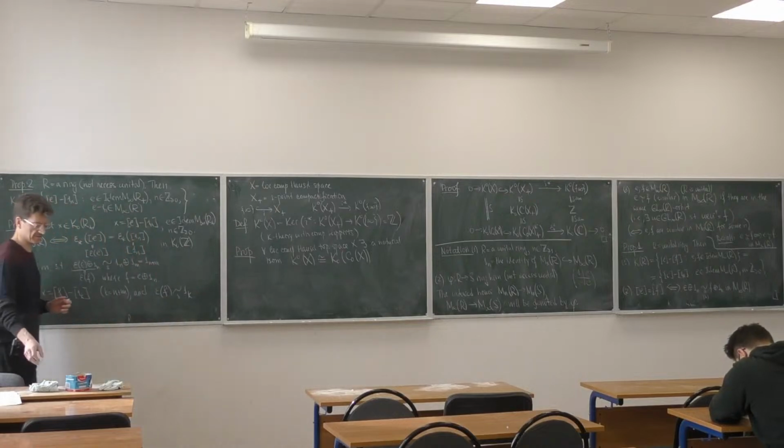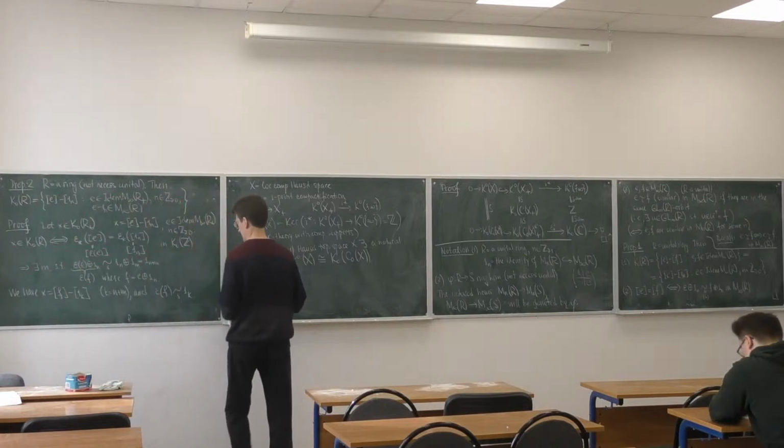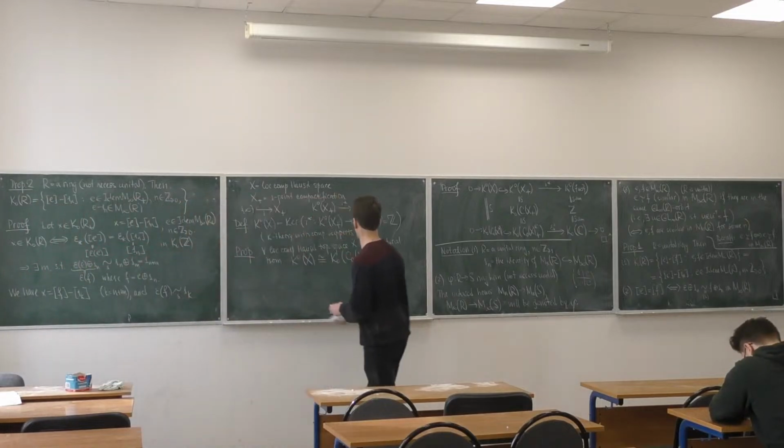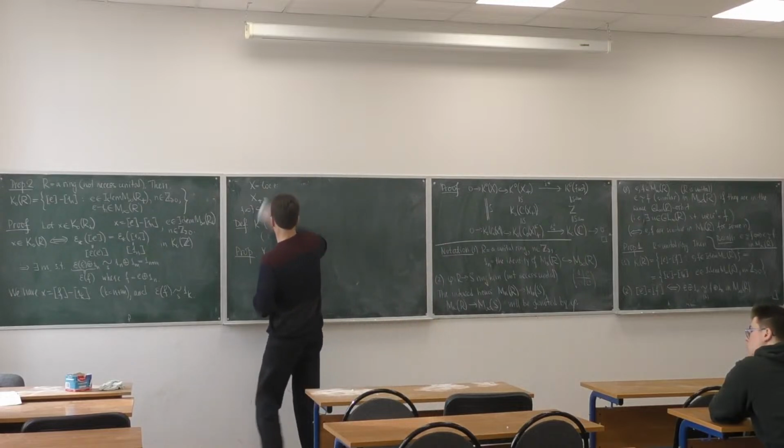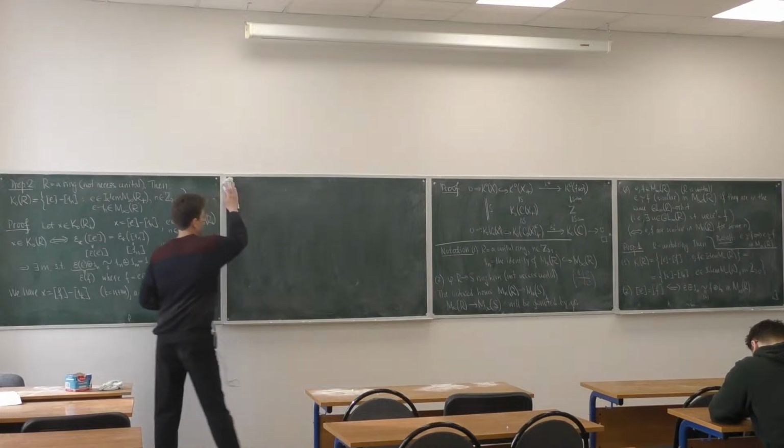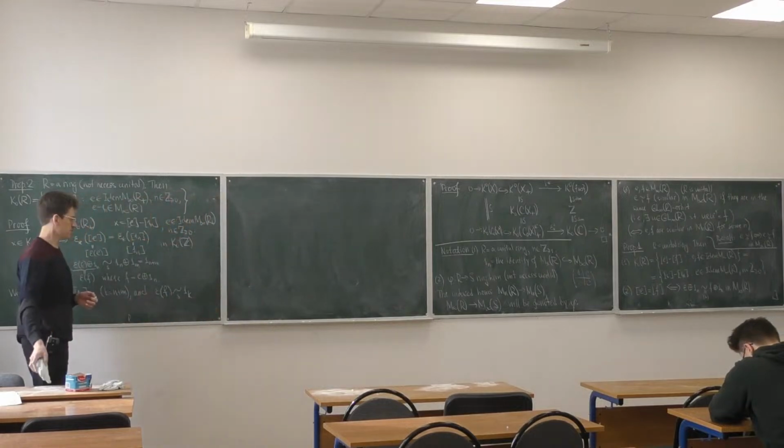But this is still not exactly what we're looking for. We want this element to be equal, but they are just similar. Well, to make them equal, we again slightly change f.